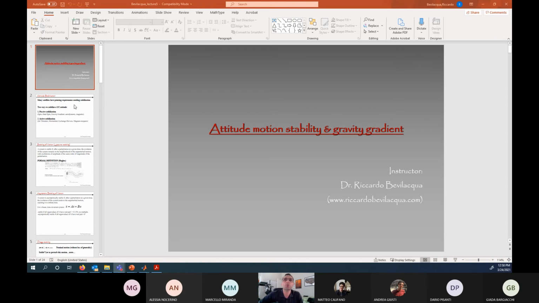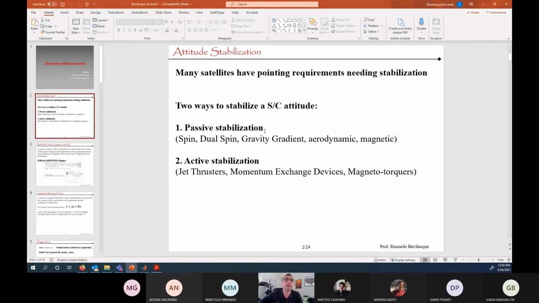But it is important to study stability of any dynamics problem that we derive equations for. It's the first thing that we should do, actually. Study the stability of the motion under our examination. And so, you know that there are 2 ways mainly to stabilize a spacecraft.